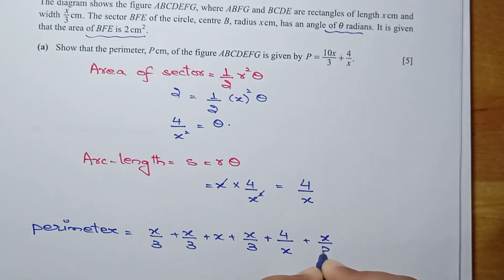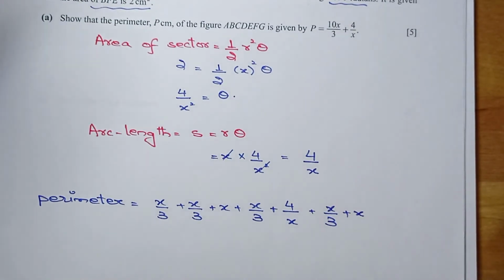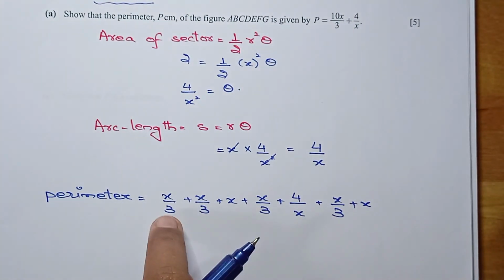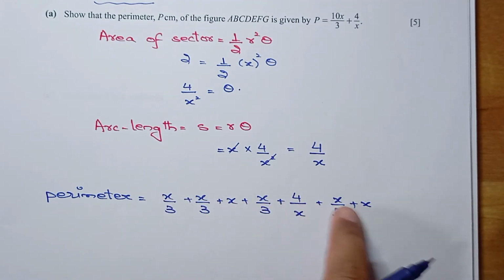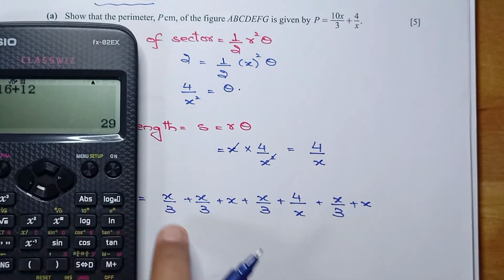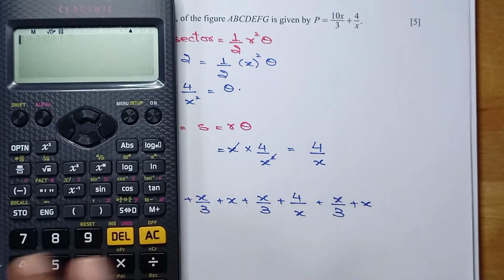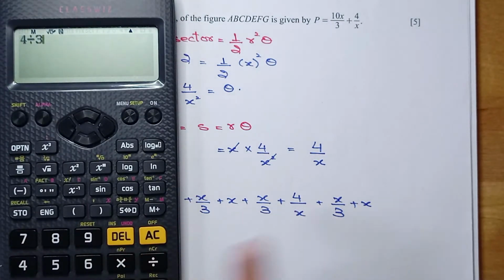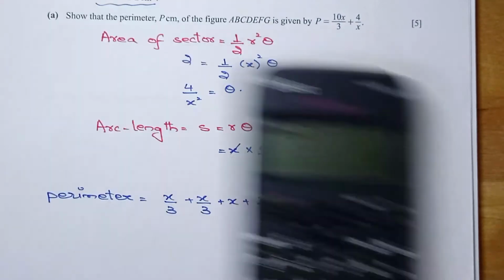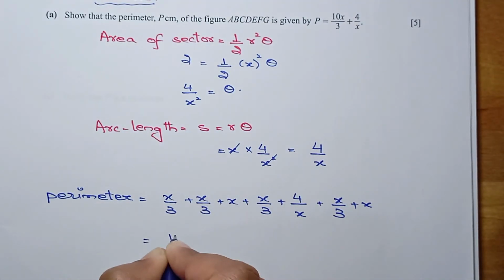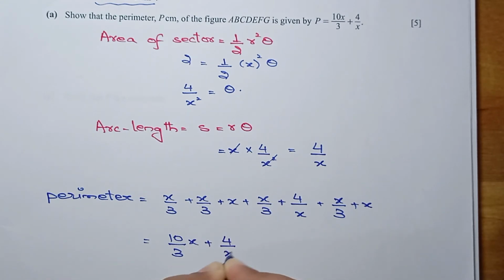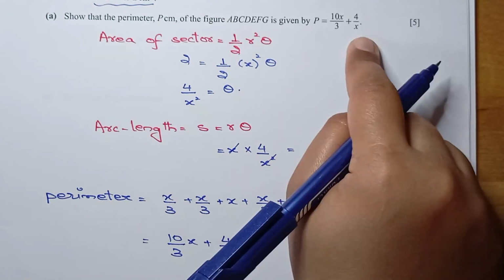Okay, now let me simplify it. How many x do we have? 1 by 3, 1 by 3, 1 by 3, 1 by 3. We have 4 by 3 x, and plus 2, so 10 by 3 x, and 4 by x.